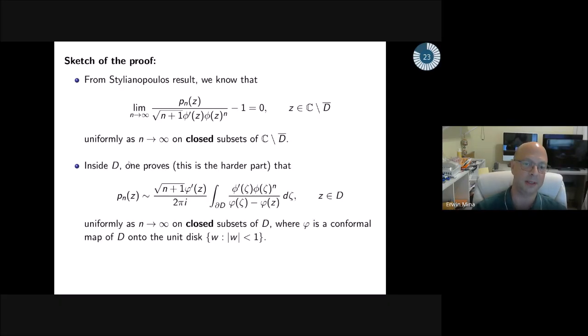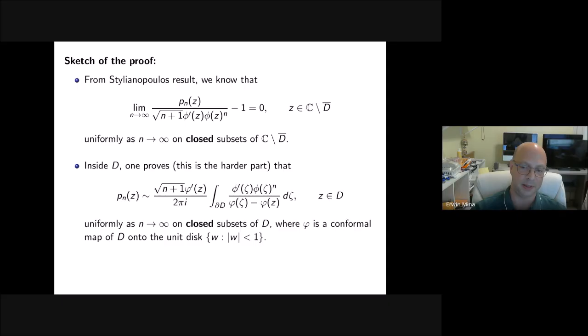So how about inside the domain of orthogonality? This is in some way the harder part, because here you have to prove that the Bergman orthonormal polynomials behave asymptotically as some integral that depends on n. Here is the degree n, and so here you have the nth power of that exterior conformal map.